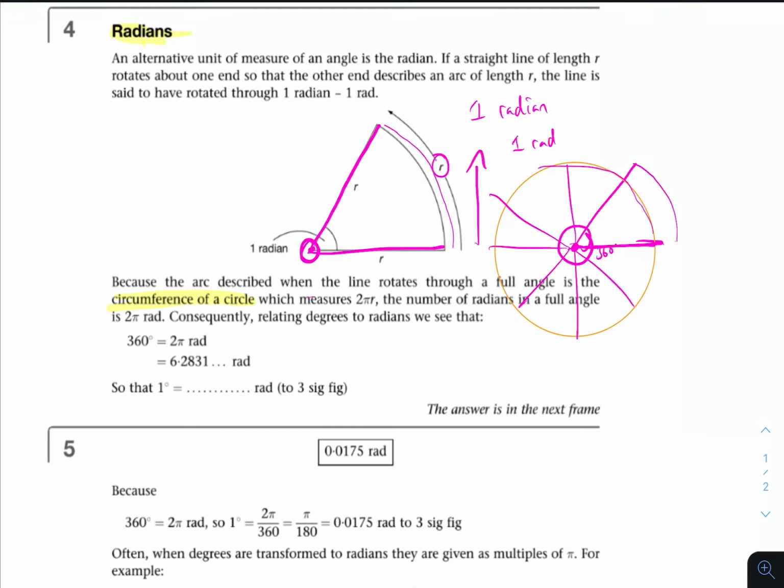And we obviously know that the circumference of a circle is equal to what? 2 pi r, as is here.